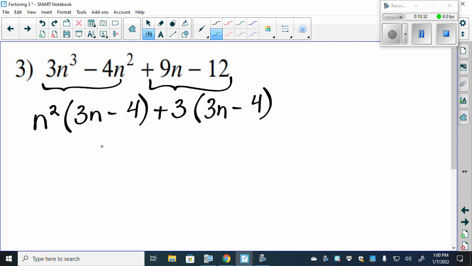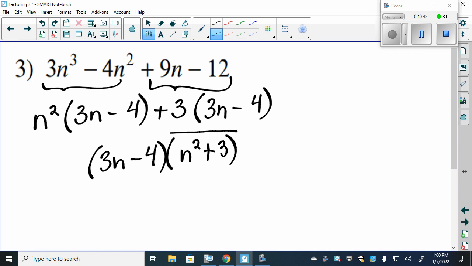Now we can factor the 3n minus 4, because it is in common in both, out, which leaves us with n squared plus 3. And that is as simplified as it gets, because n squared plus 3 will not factor down any further than what it is, and 3n minus 4 is completely factored, because it does have a degree of 1, and there is no greatest common factor between any of the terms.